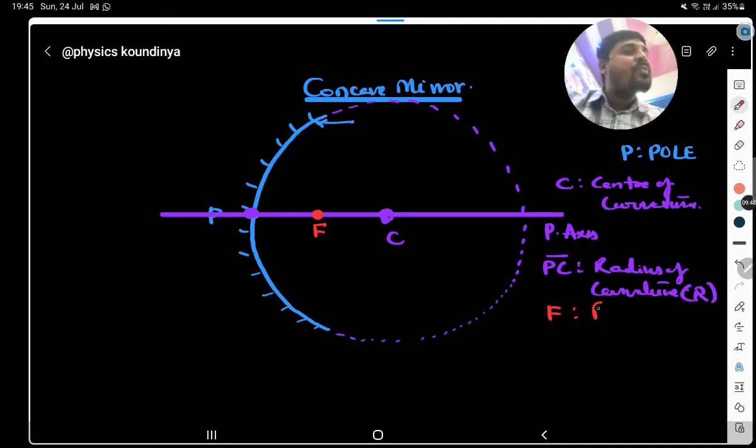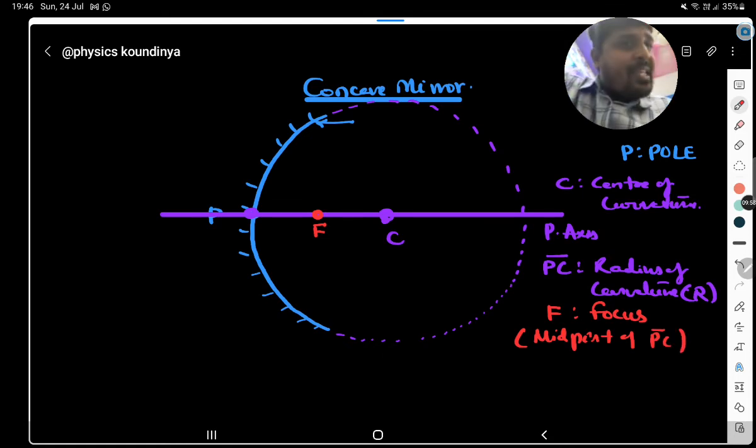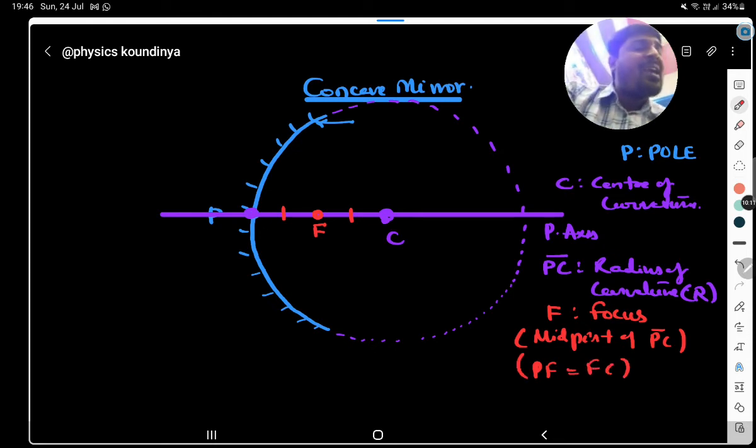Now see, this distance and this distance are equal. That means the distance between P and F is equal to the distance between F and C. Now distance between P and F is what we called as focal length of the mirror, denoted by the symbol small f.